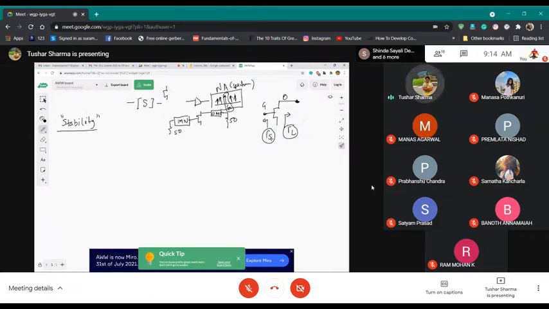You want to make sure that these gamma S and gamma L are in the stable area. So this is the first step.